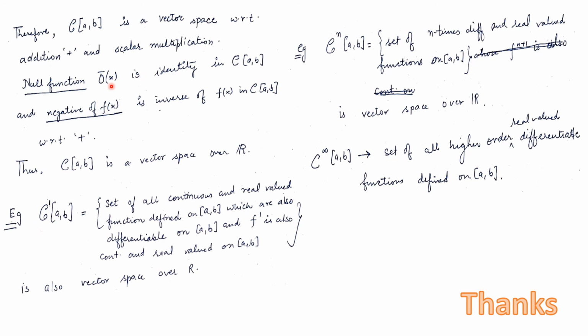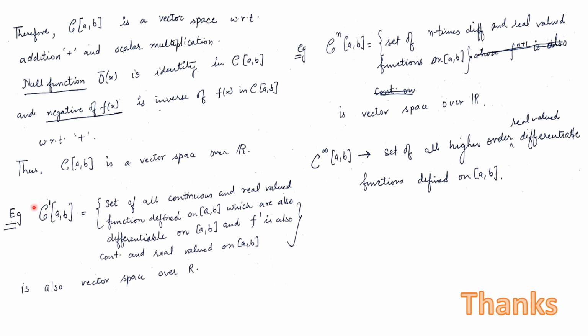We know that the null function is a continuous function, so it belongs to this set. Similarly, if f(x) is continuous, then minus f(x) is also continuous, and what you add to f(x) to get the null function is the negative of f(x). So inverse also exists in this set with respect to addition. So this is a vector space over the set of real numbers R.